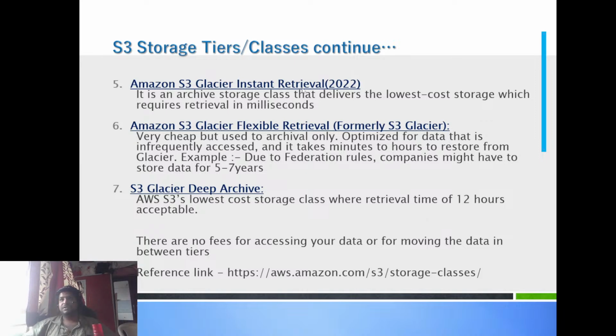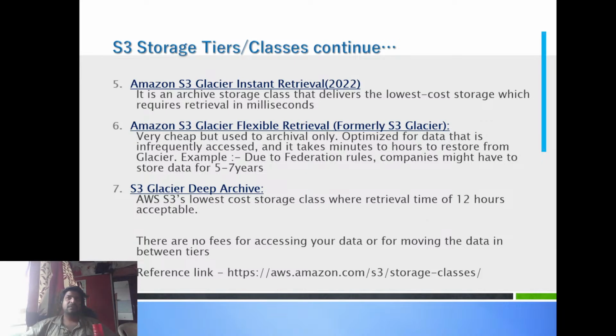Now next is Amazon Glacier Instant Retrieval, Amazon Glacier Flexible Retrieval, and Amazon Glacier Deep Archive. All three are Glacier, and it is used to store old data, the data which you do not access frequently, and the acceptable retrieval time of the data can range from several minutes to hours.